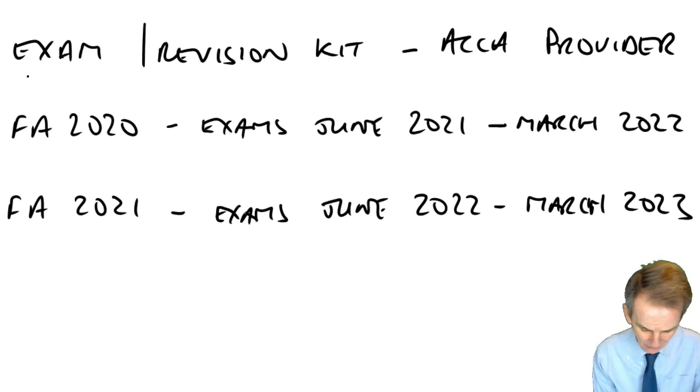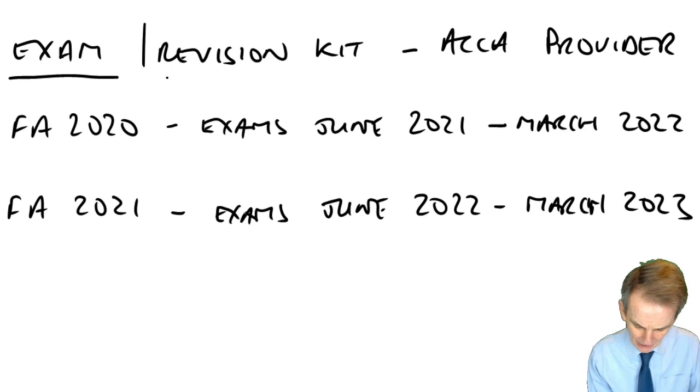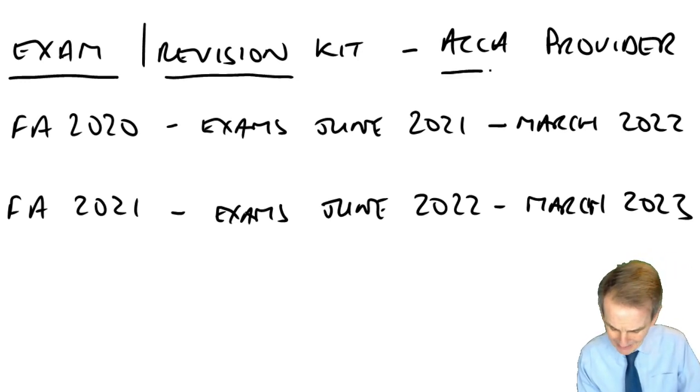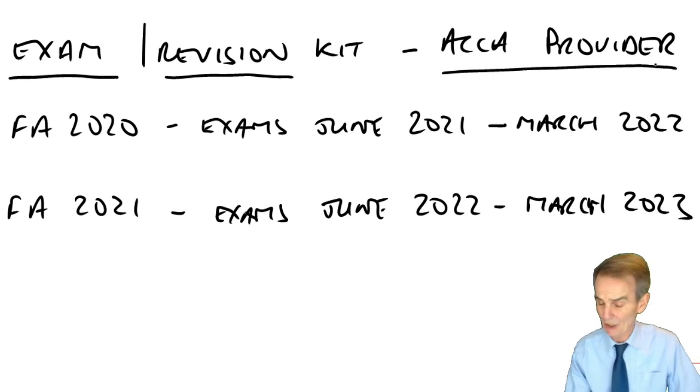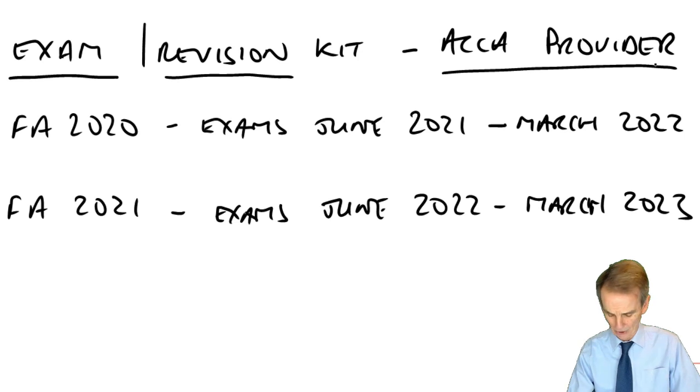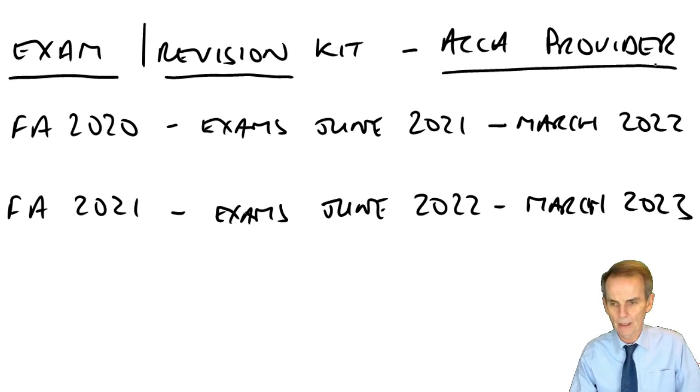You need, and there are different names given by the different providers, an exam kit or a revision kit, as it's known by an ACCA provider. Essentially, I think we've got both BPP and Kaplan as the main providers there, and each of those texts is excellent. What you will find about those texts in terms of the study manual, I'll talk about again very shortly, is that they're huge.